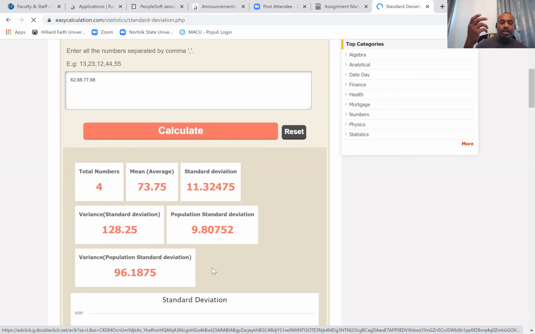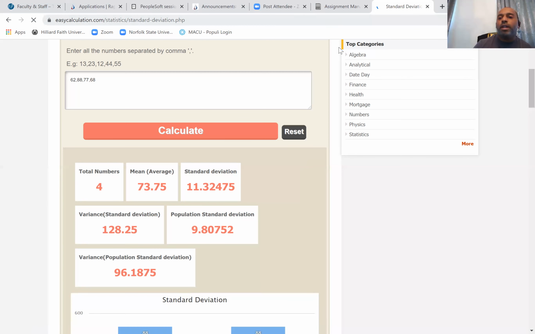And a sample is just like you would think, a sample out of that population. So the sample is always going to be smaller than the population as far as your data values are concerned. So whenever you have 4 values like we had here, more than likely that is your sample. An easy example of that is the student body of TCC is the population. This class would be considered a sample of that student body.